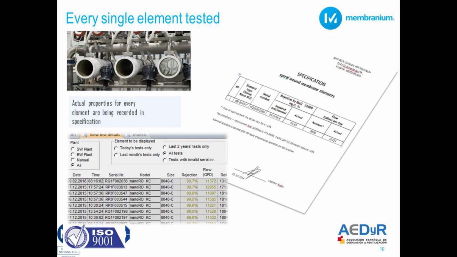And now we have a very sophisticated testing area where everything is automated, and the data we get on the screen of this department, this is the left and bottom side, we incorporate in the specification of each element, which gives our customer a very big advantage.